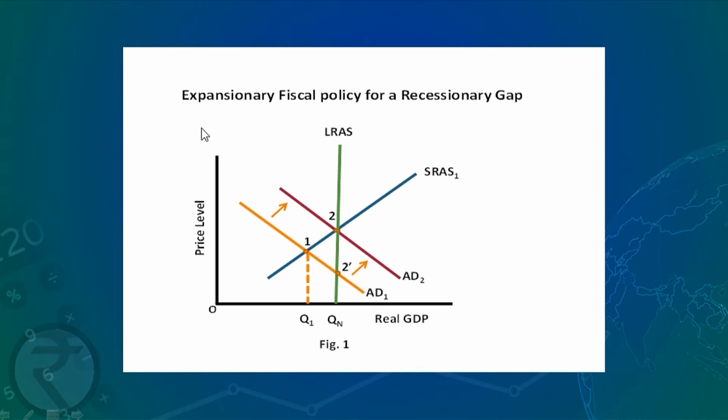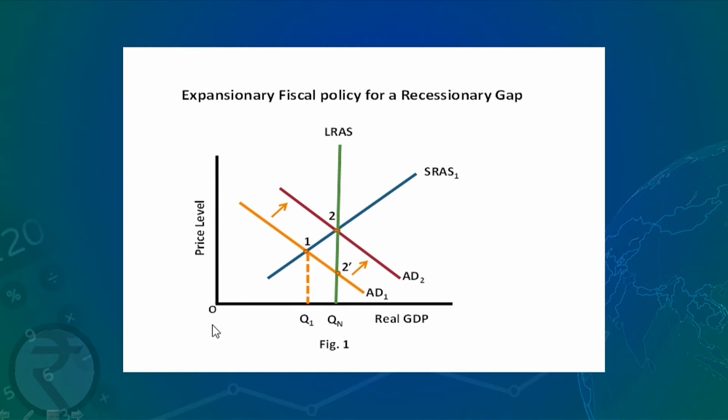Now, what has been the Keynesian view regarding the impact of fiscal policy on demand? Now, we will see the impact of fiscal policy on demand as was the view given by Keynes. In figure 1, we have shown how the expansionary fiscal policy can help the economy to come out of a recessionary gap.